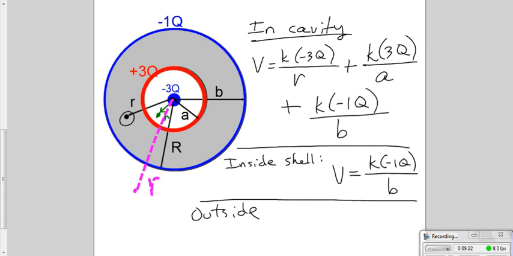So we're just looking at the net charge of the whole arrangement itself, which is a minus 1Q. And so the potential is K times minus 1Q over, now be careful here, because we're outside, we have to use the distance we are from the center to calculate the potential there. So we do have a dependence on our location. And so that would just be little r down there.